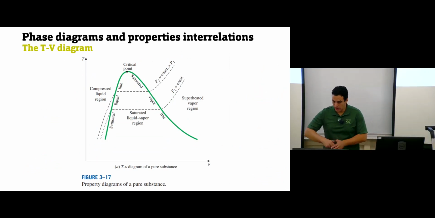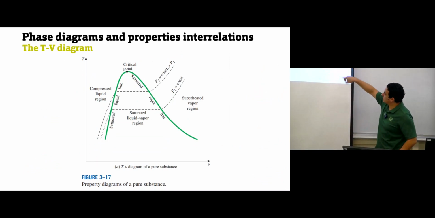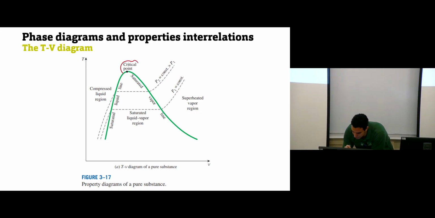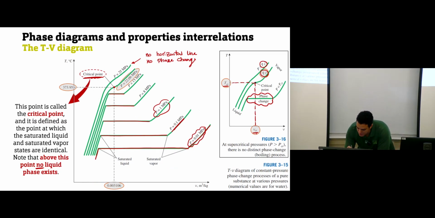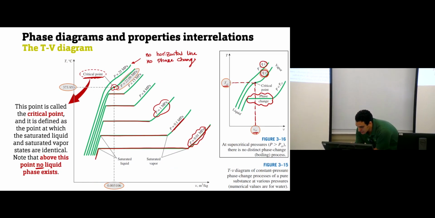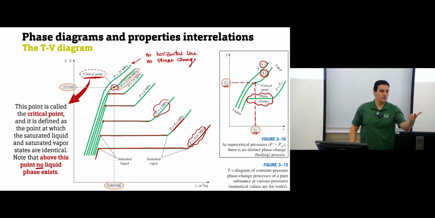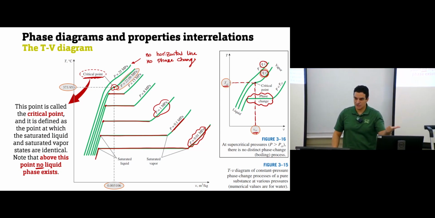Then, how do we get this curve at the end? This is the critical point. Let's get back to this one. This is the critical point we have here, and we said this horizontal line represents phase change. Any point on this side of the line, will it be saturated liquid or saturated vapor? Saturated liquid.